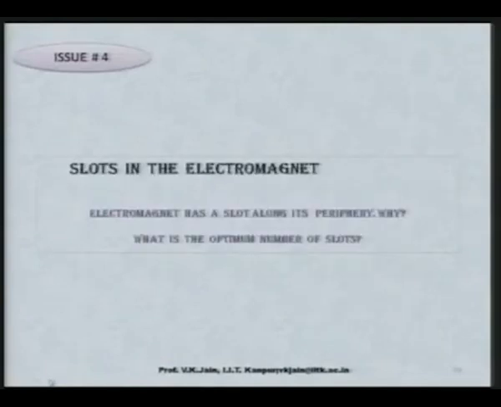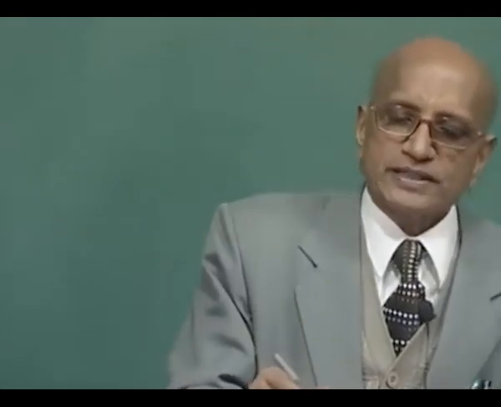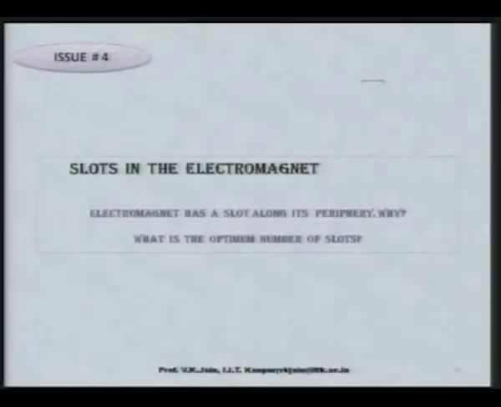Fourth issue is again an important issue. We have seen that while finishing cylindrical workpieces, there was a slot in the electromagnet, something like this. Suppose this is the pole, then there was a slot in the electromagnet, and say this is the north pole. Same way there was one slot on the side of the south pole.